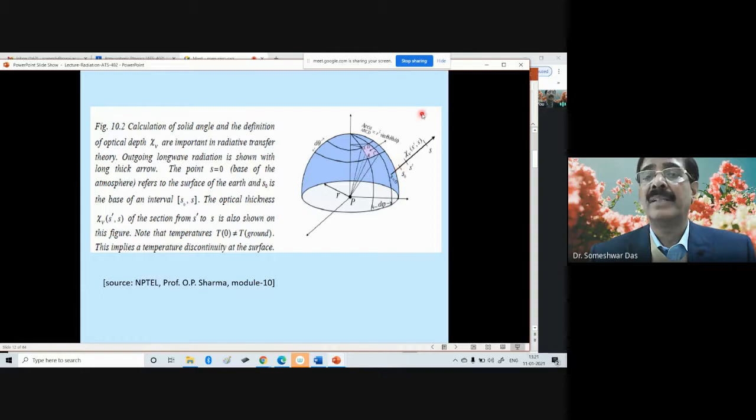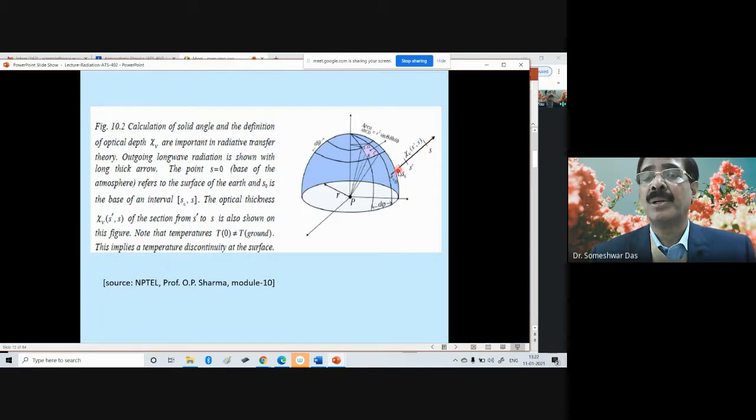Now, when solar radiation is incident upon the Earth's surface, let us say s equals 0 at this surface, and this is the vertical direction from the surface of the Earth.